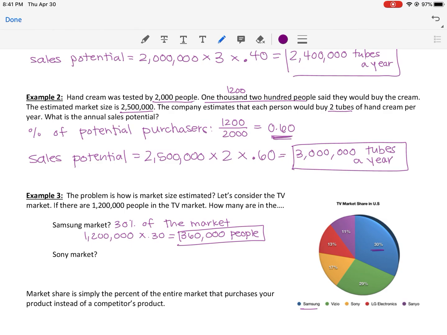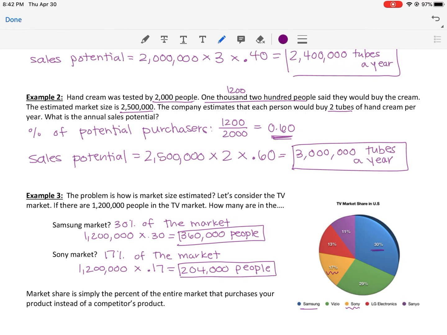Whereas Sony maybe isn't as popular, it's only 17% of the market. So here, when we say, okay, you've got 1,200,000, but we're only doing 17, that's 0.17 of the market, we end up with 204,000 people.